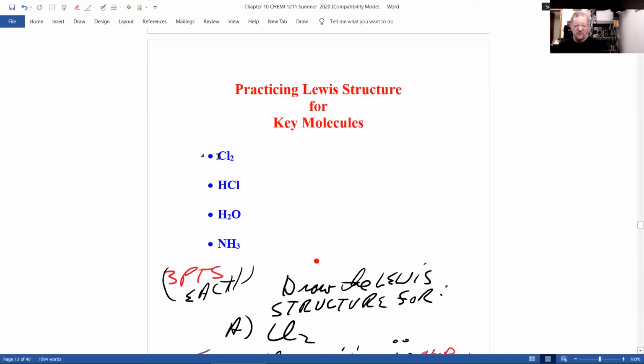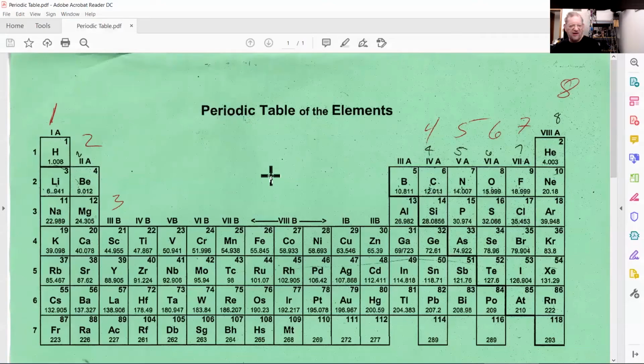Now, why don't you try for HCl? The first thing you have to do, hydrochloric acid, HCl, is find out how many valence electrons hydrogen and chlorine have. So there's a periodic table to help you out.